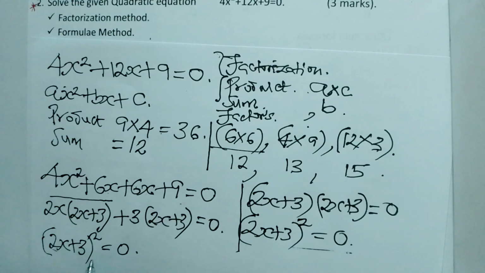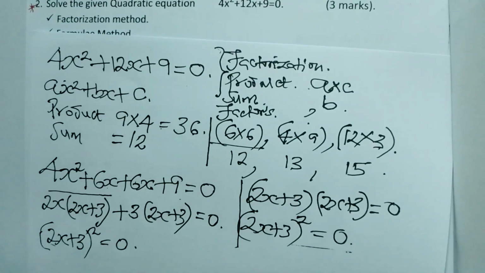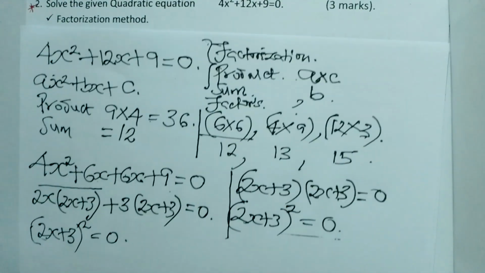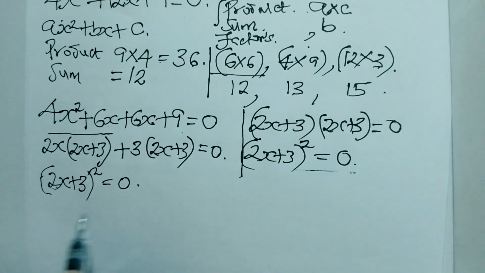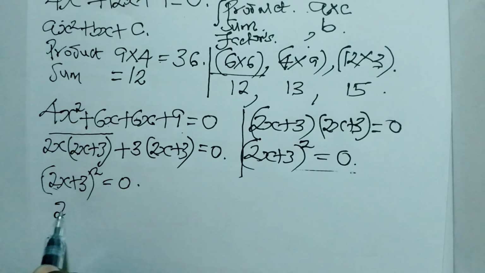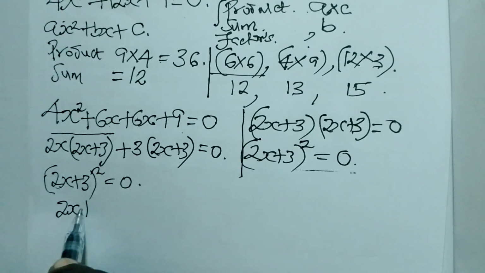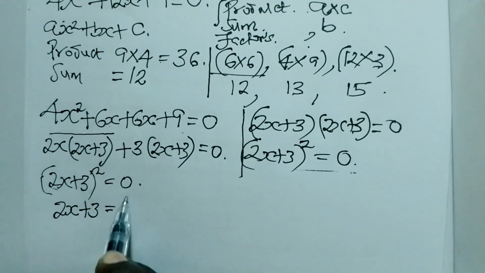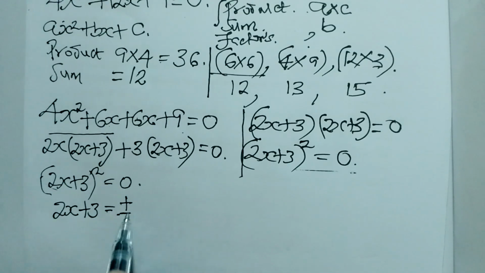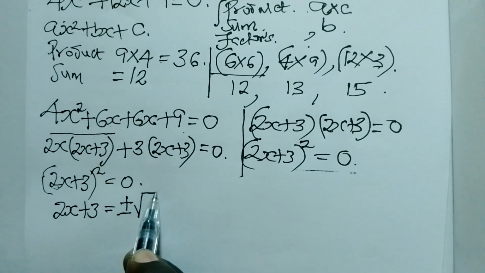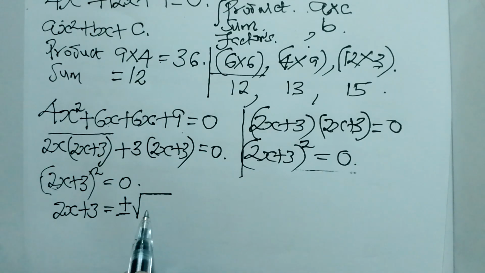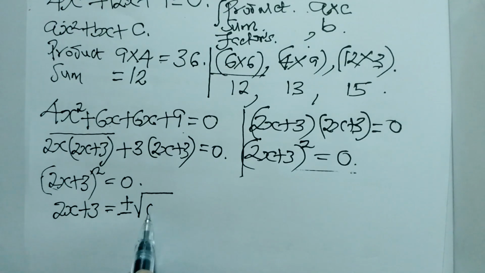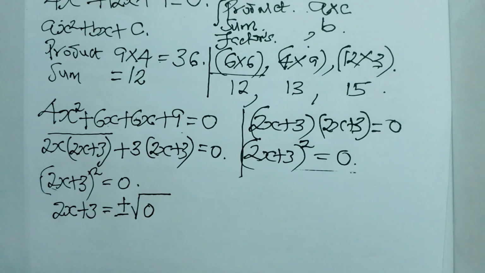When you do that, you are going to have 2x plus 3 is equal to the positive or the negative square root of 0.